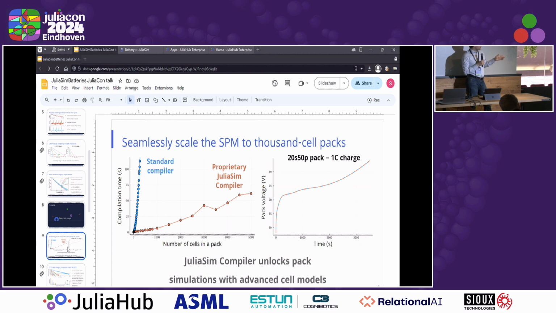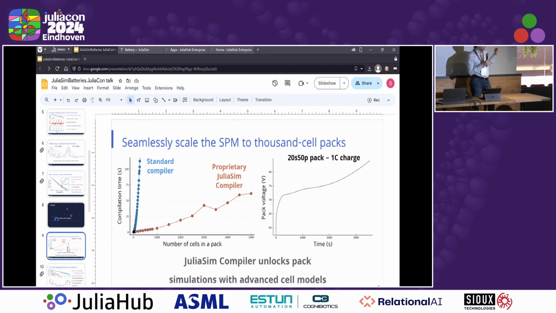Here we have a comparison between the standard compiler, so the standard ModelingToolkit, and the JuliaSim compiler. JuliaSim batteries is implemented in ModelingToolkit, and with JuliaSim compiler you can switch the compiler that is used to generate the actual Julia code that will run, or the actual code in the case of JuliaSim compiler.